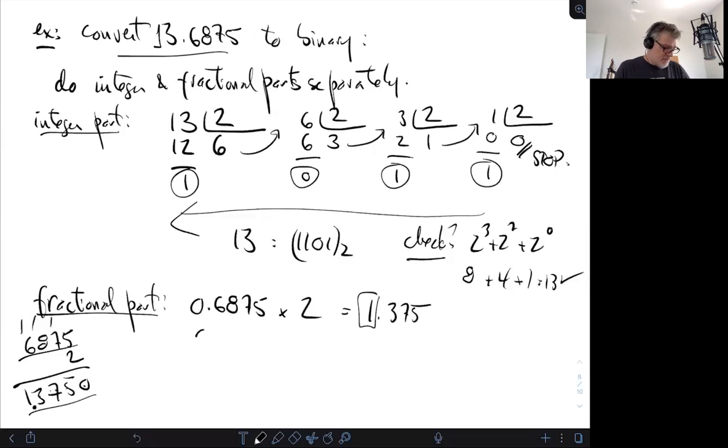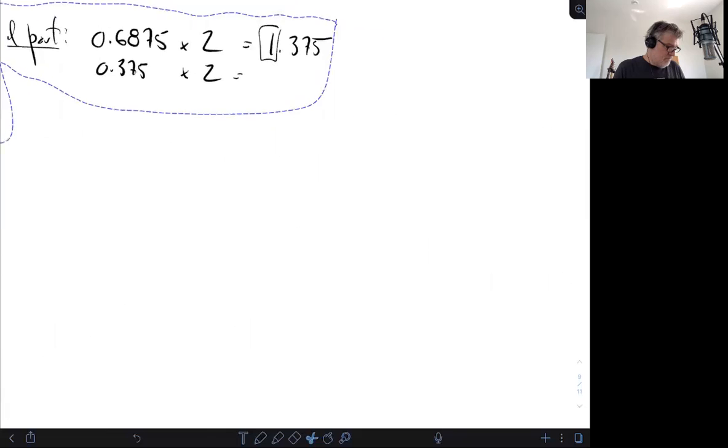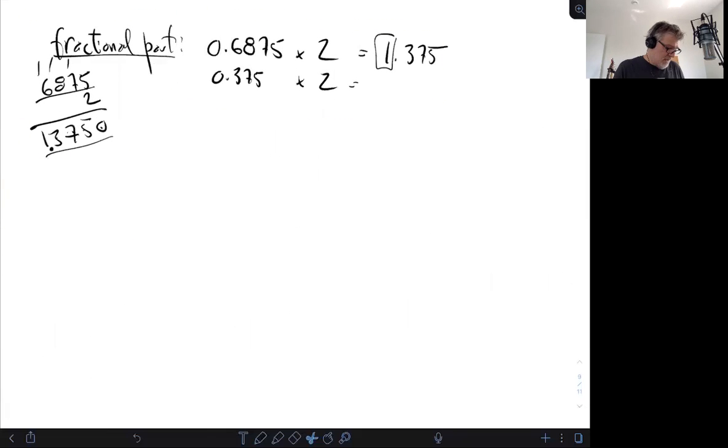I repeat with the fractional part, 0.375 times 2. 2 times 5 is 10, 14, 15, 7.